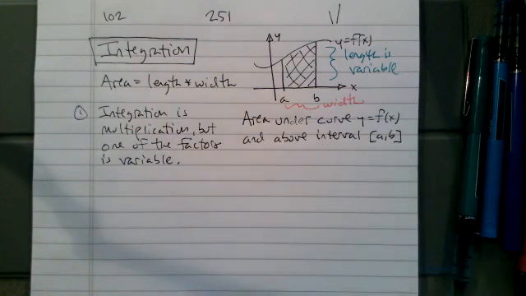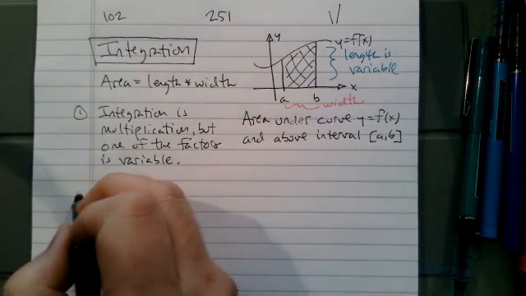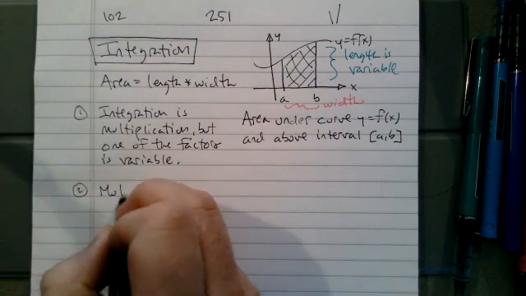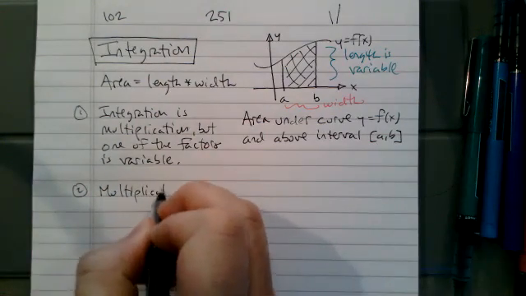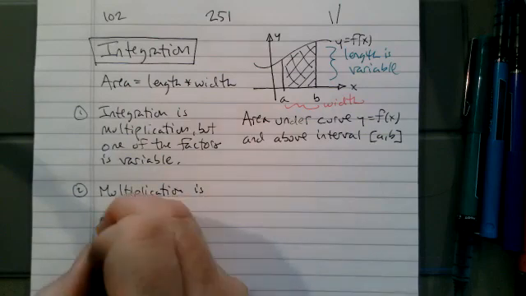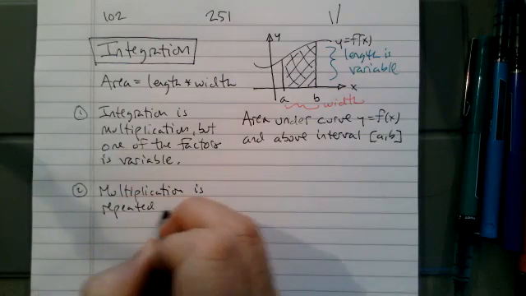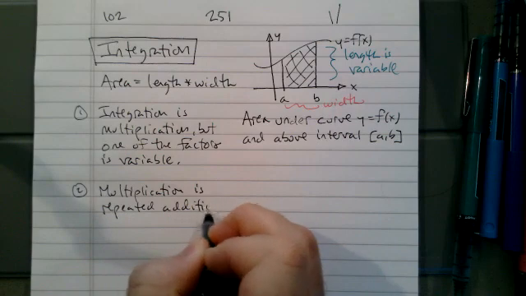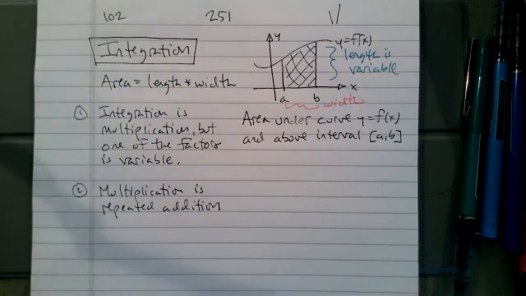Multiplication is repeated addition. Addition is what we do when our terms are all different. Integration is multiplication, but one of the factors is variable. If the length is constant, we get to multiply to find the area.